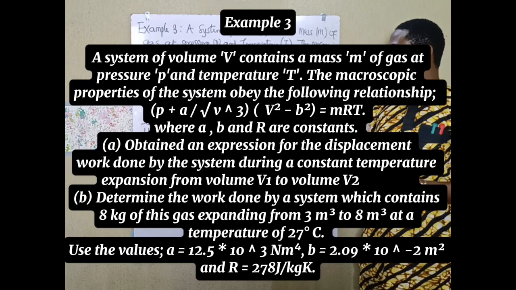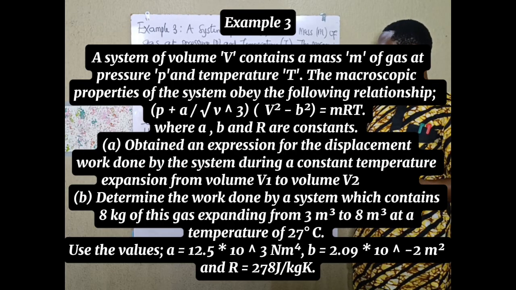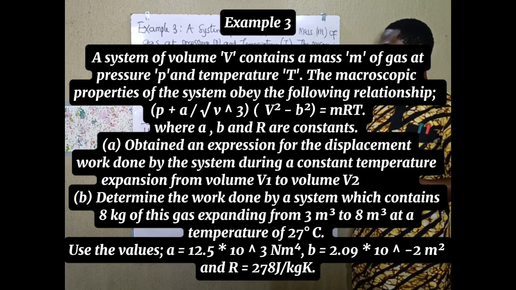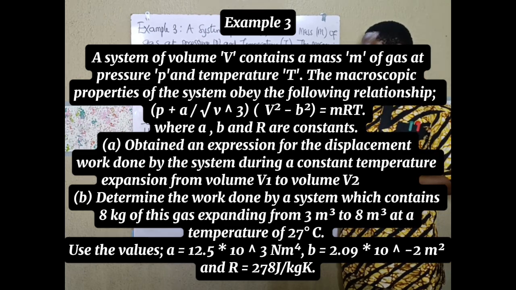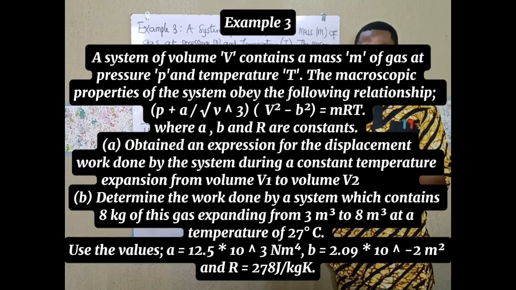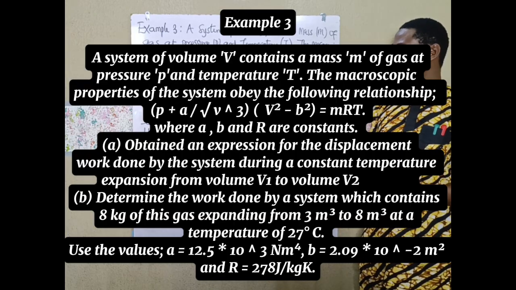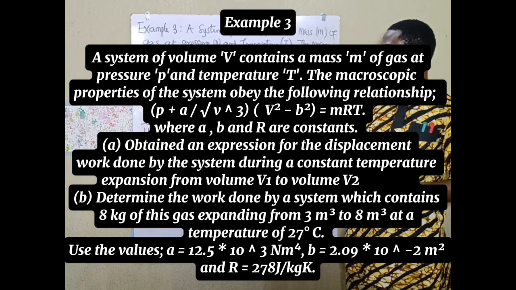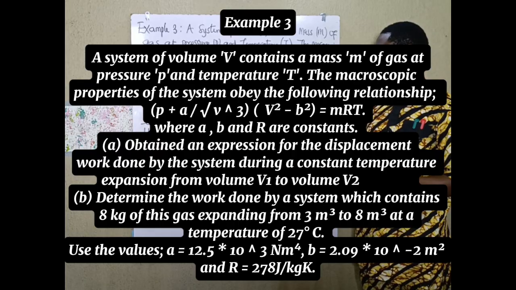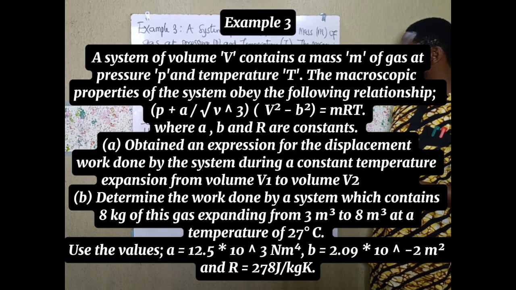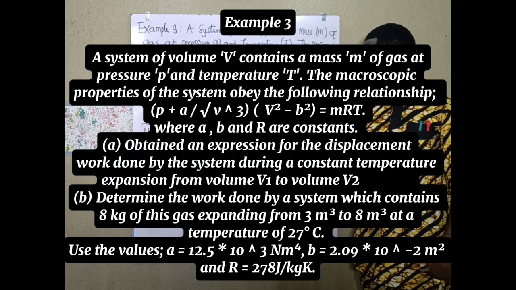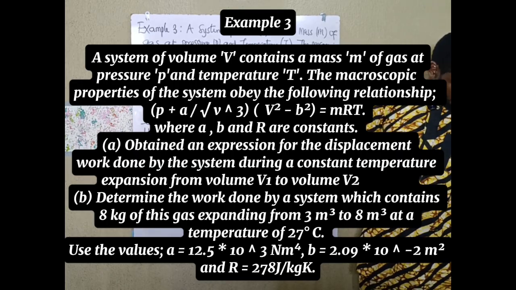B. Determine the work done by a system which contains 8 kg of this gas expanding from 3 meter cube to 8 meter cube at a temperature of 27 degrees centigrade. Use the values A equals 12.5 times 10 raised to the power of 3, B equals 2.09 times 10 raised to the power of minus 2 meter square, and R equals 278 joule per kilogram.